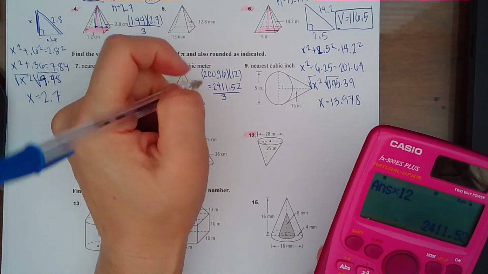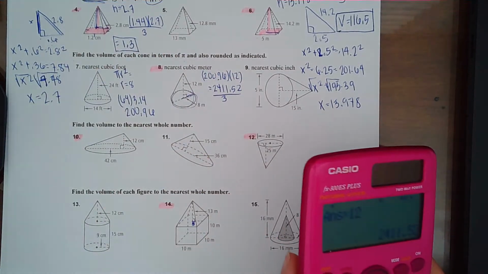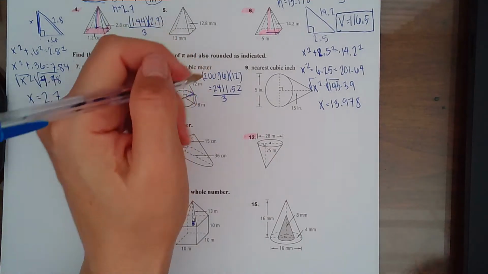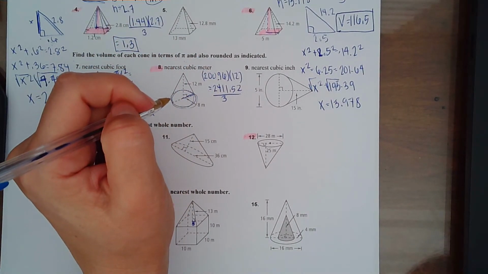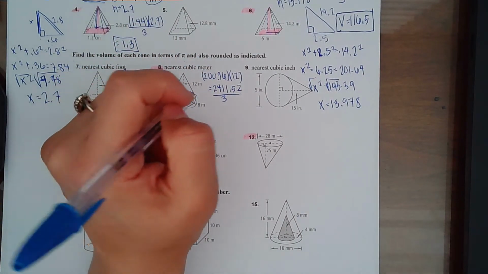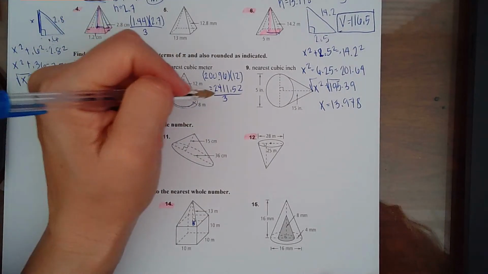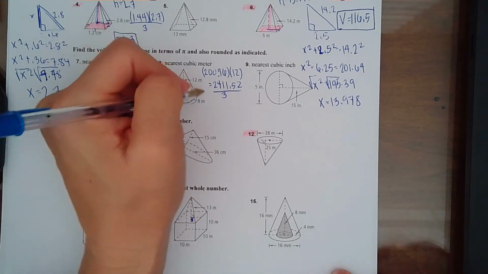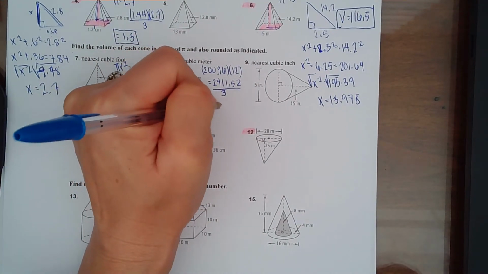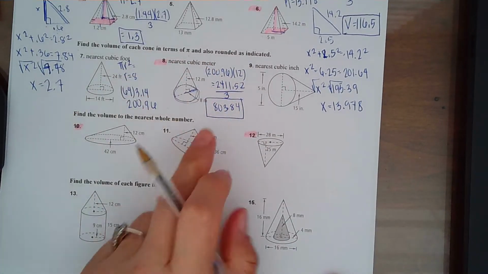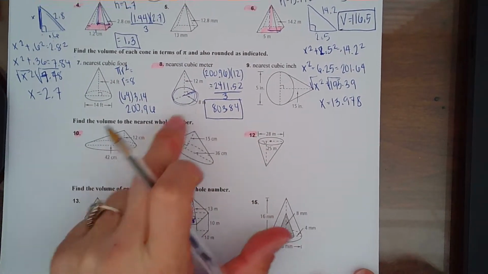Okay, so dividing that by 3, we end up with 803.84.